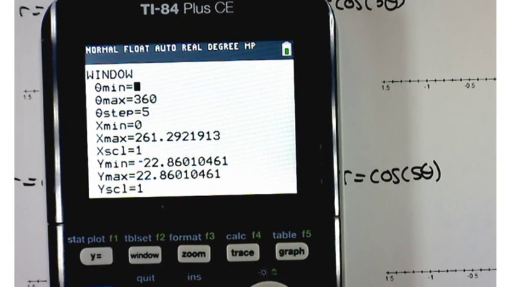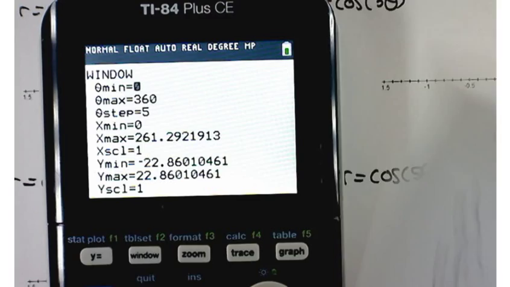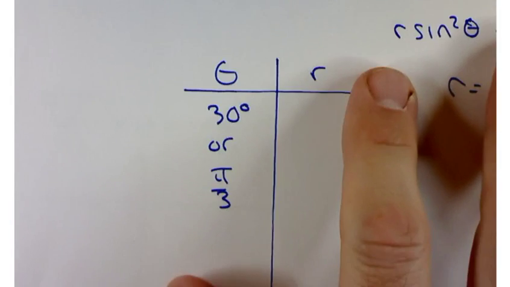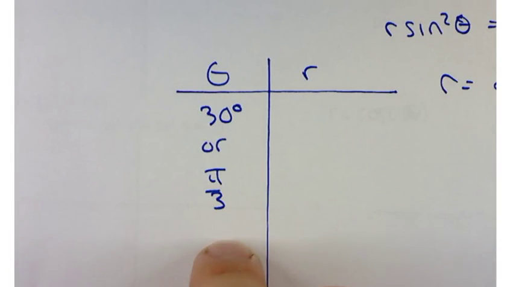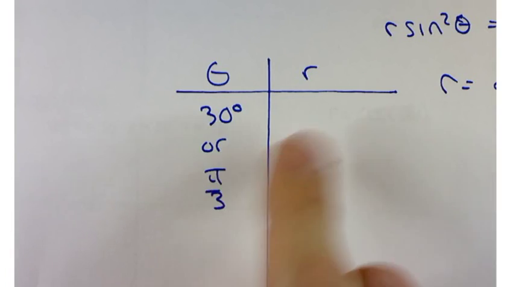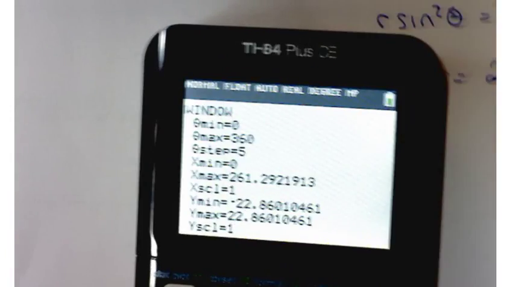I talked about how these graphs are created, how you graph something in polar coordinates. The way you do that is by plugging in values of theta and then getting values of r. So what the calculator is going to do for itself is set up a bunch of different values of theta, and for each value of theta, it's going to compute a value for r.